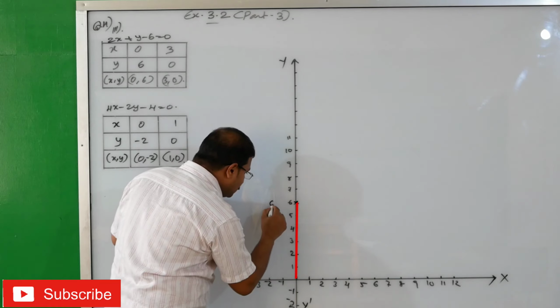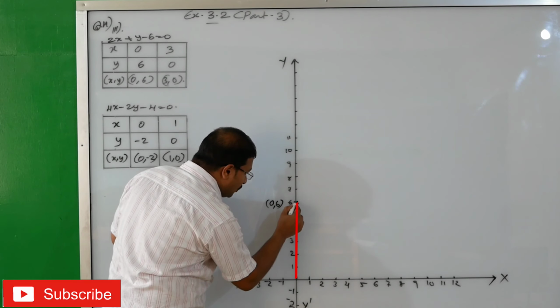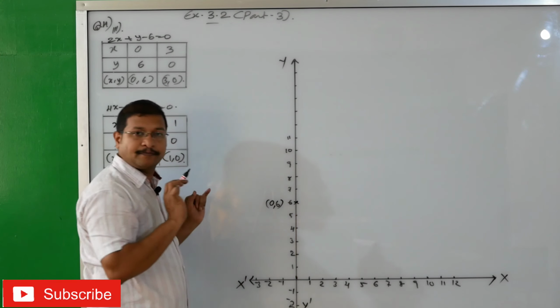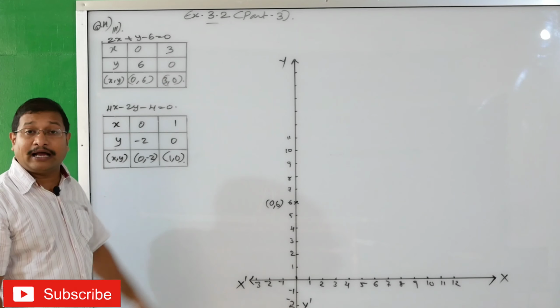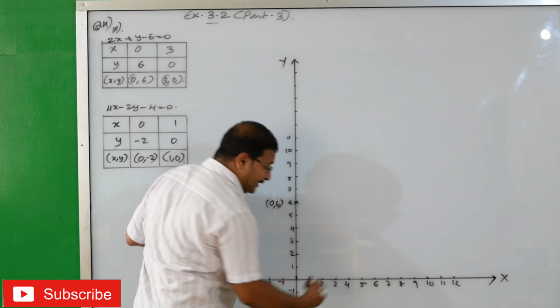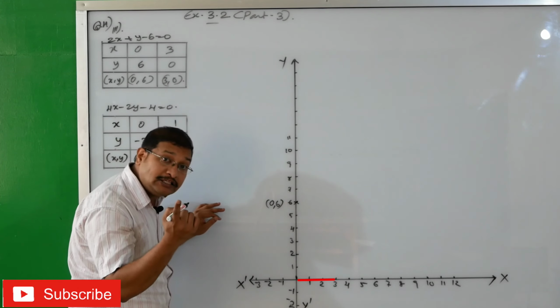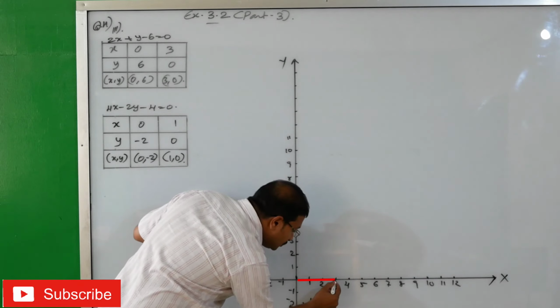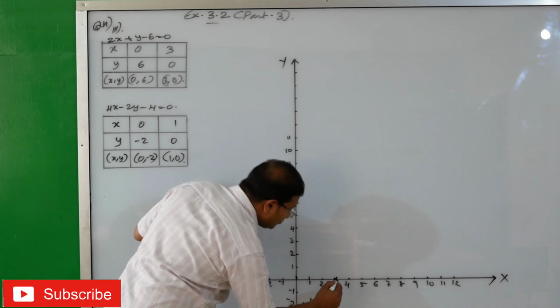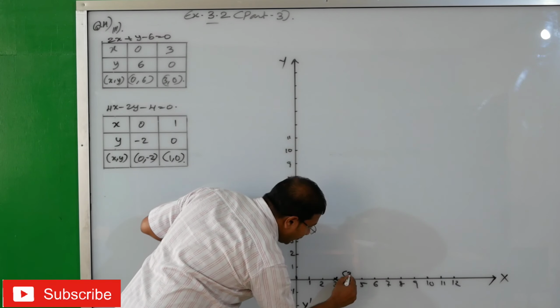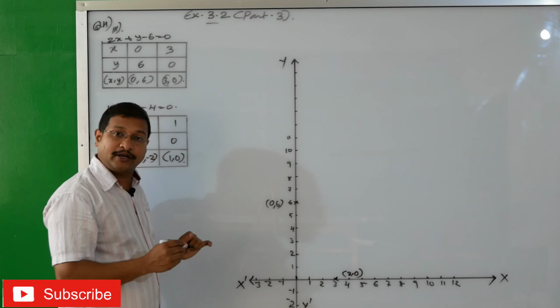So we got 0, 6. After that, x equals 3, y equals 0. x equals 3 means right side: 1, 2, 3. y equals 0 means x-axis, isn't it? So this is the point. That is, what will you write? 3, 0.